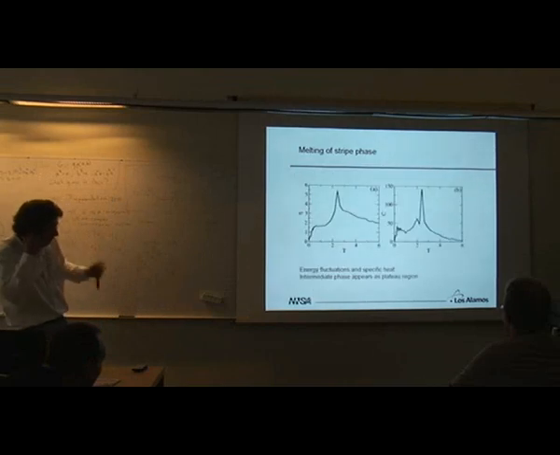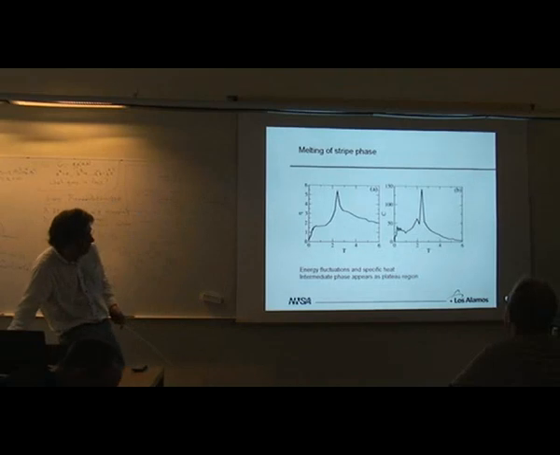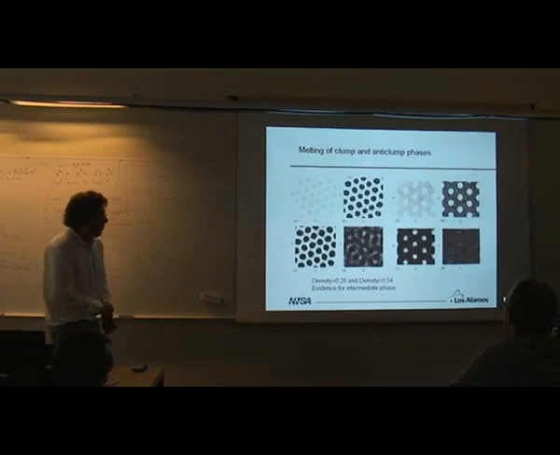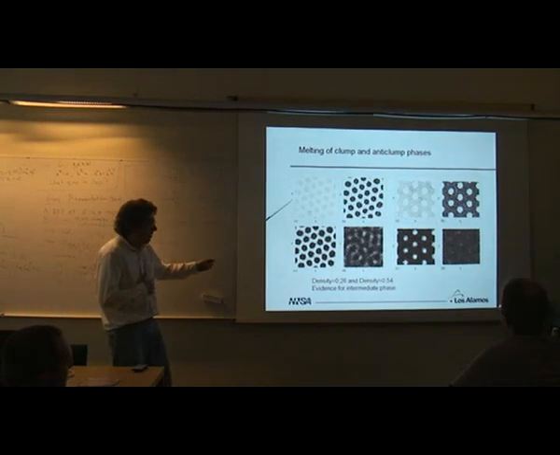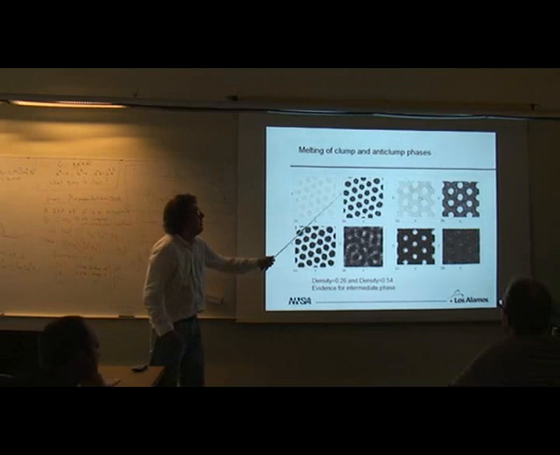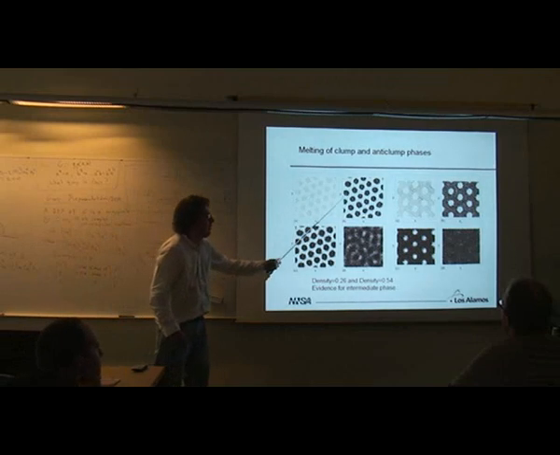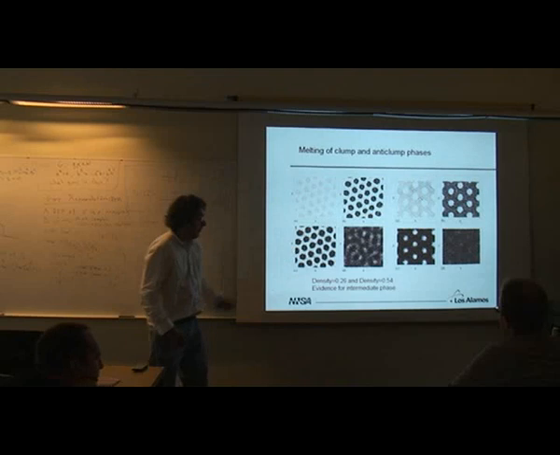So here again, you see a nice specific heat signature. So what happens if you go to the bubble phase, or the clump phase? You see something somewhat similar, but because they're not connected, you end up getting a phase that is liquid-like within the droplets, but there's no particle hopping out of the droplets.